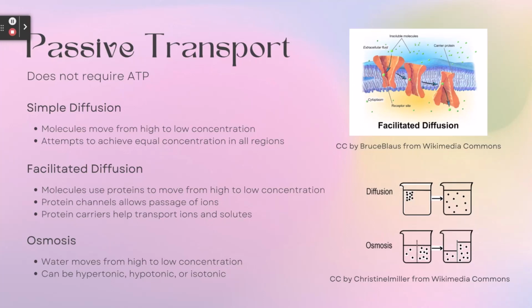So, two types of proteins include channels and carriers. Protein channels allow passage of ions, while protein carriers help transport ions in solutes. The last type of passive transport is osmosis, where water moves from high to low concentration, and it can be hypertonic, hypotonic, or isotonic.